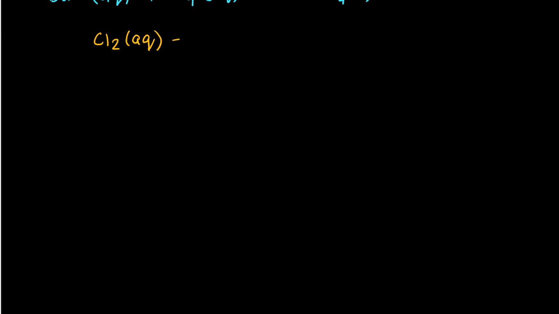If that is going to react with a solution of sodium bromide, I'm going to write down plus 2 NaBr. It's a solution, so it's in the aqueous form, plus aq, and that's going to give me Br2 aqueous and 2 NaCl aqueous.